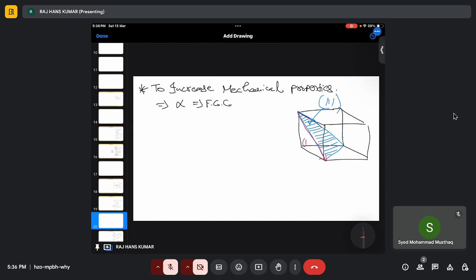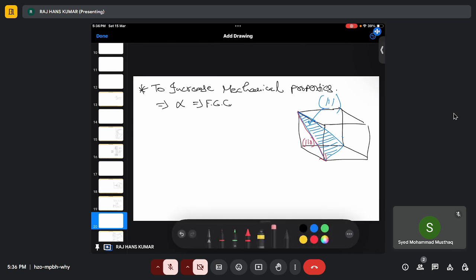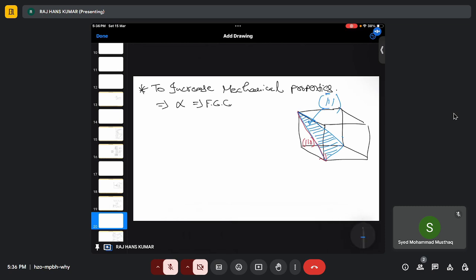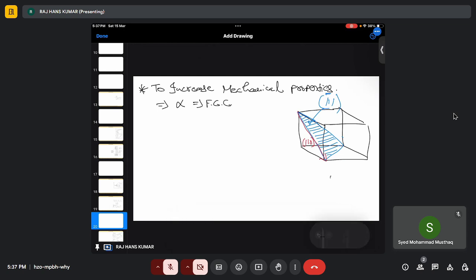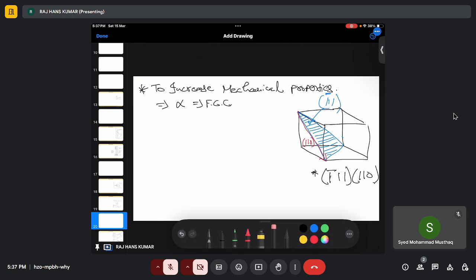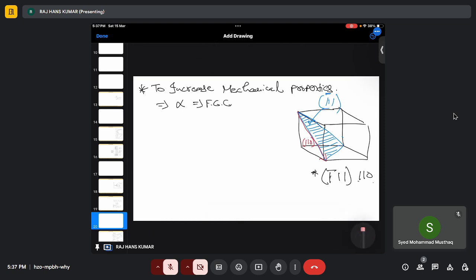Let's take this as 110, so the plane must be, let's take, 1 bar 1 1. So my slip system will be 1 bar 1 1, 1 bar 1 0. This is my slip system, because planes and directions are represented like this.